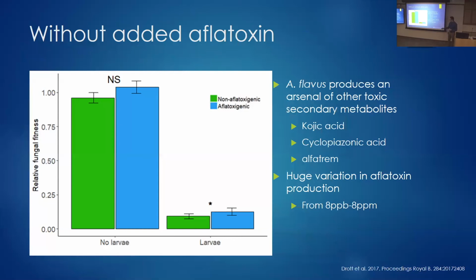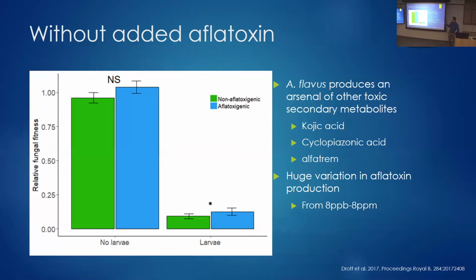So caught up in this difference is a lot of the variation between isolates and what compounds they're producing, and even how much aflatoxin our aflatoxigenic isolates are producing. For context, with 8 parts per billion, you could eat corn that was infected with that level in the US, not in Europe, but in the US it's regulated at 20 parts per billion. Okay, so there is a significant but much smaller effect on fitness of the fungus producing aflatoxin in the microcosms.